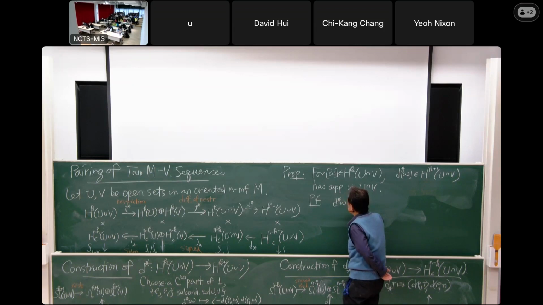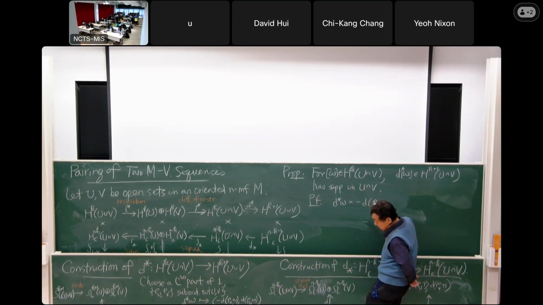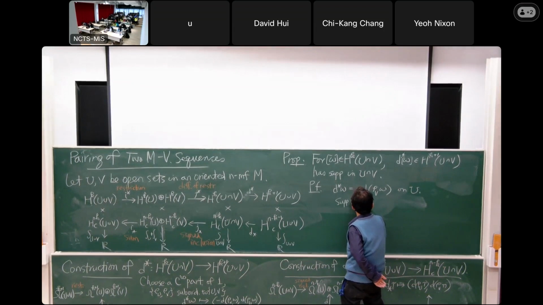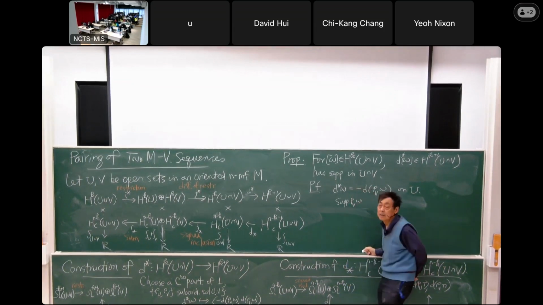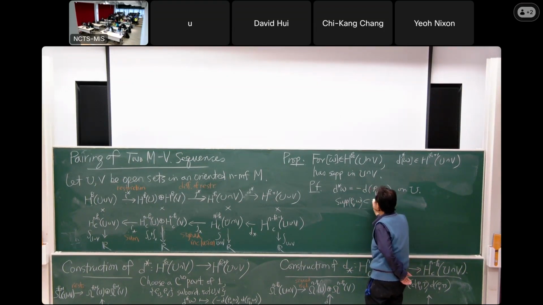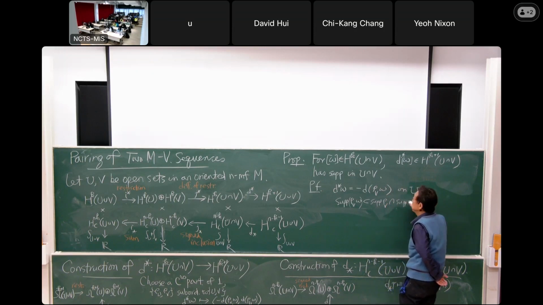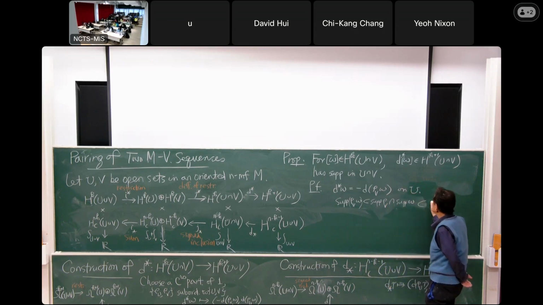Well, d upper star omega is defined by two formulas. On U it is minus d of rho_V omega. The support of rho_V omega is contained in the support of rho_V intersected with the support of omega, so it is in the support of omega.